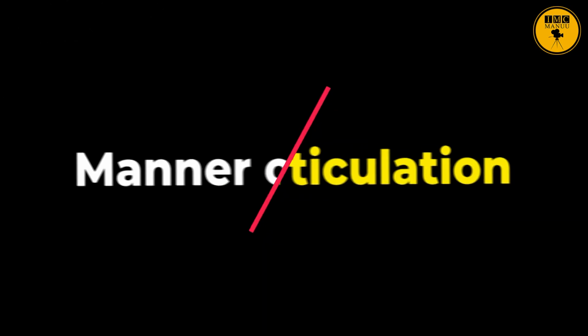In both the previous lessons, we also learned to practice how to utter the consonant sounds. In the lesson today, we continue with the classification of consonant sounds and we look at the manner of articulation.